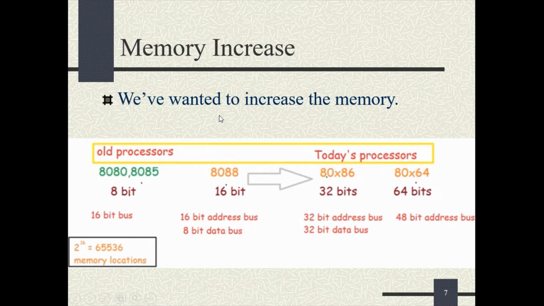The increase in memory means that with the increase in the capacity and capability of the processors, the memory of the registers and the buses is also increasing. For example, the address bus size has been increased from 16-bit to 48-bit in a 64-bit processor.